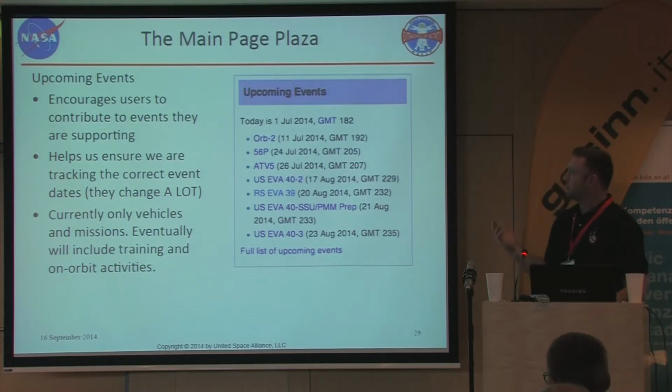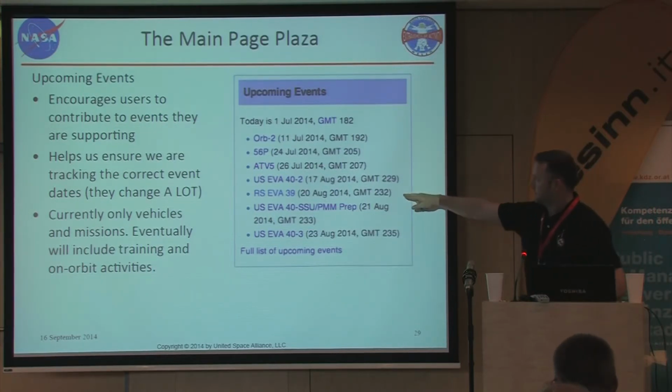Another block that we incorporated, upcoming events. We use a property with a date type, and so right now it's just geared towards vehicle launches and the dates of an EVA.